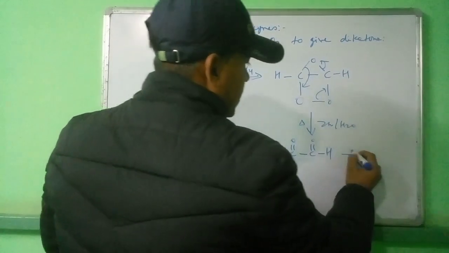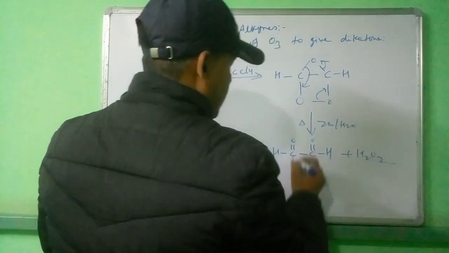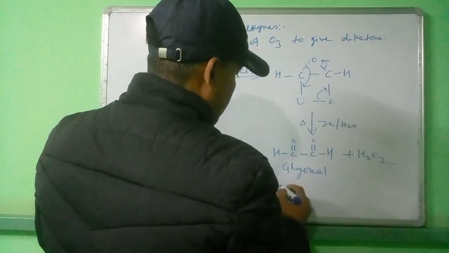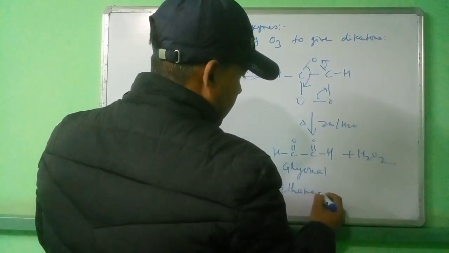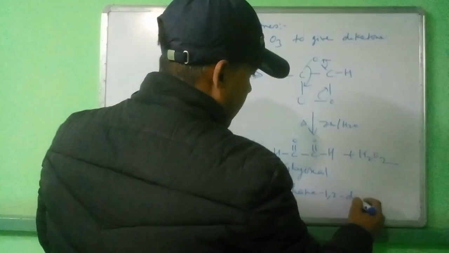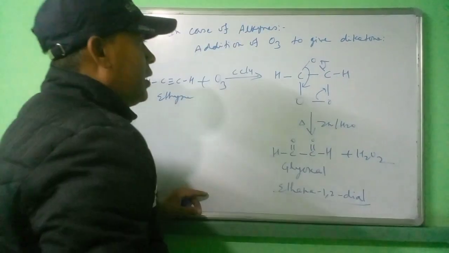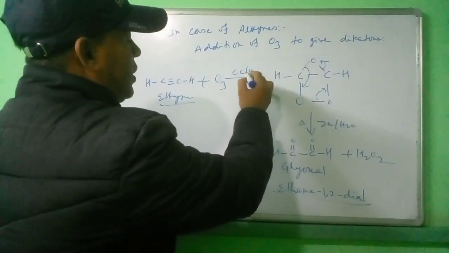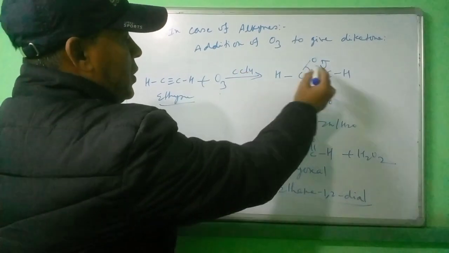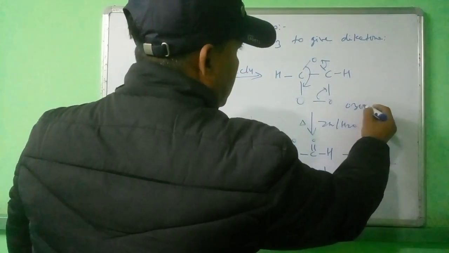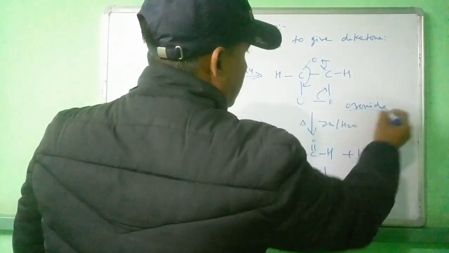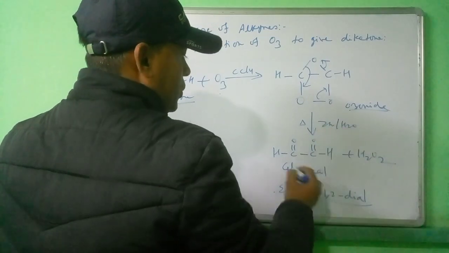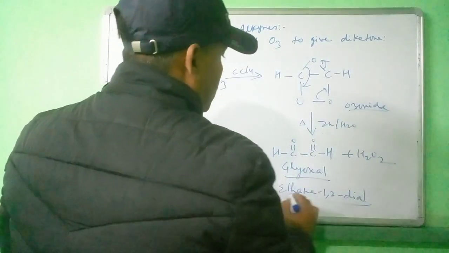Yes, this type of product, and hydrogen peroxide, this is the glyoxal or ethane 1,2-dione. This is the product. So when ethyne is treated with ozone in the presence of the inert solvent CCl4 to give the ozonide, this is the ozonide. This ozonide further decomposes on heating with zinc metal to give glyoxal, ethane 1,2-dione.